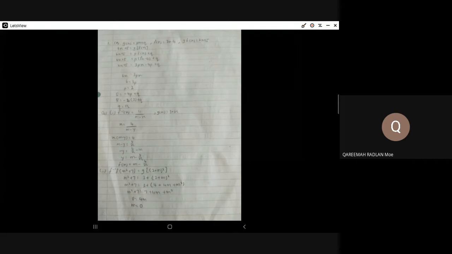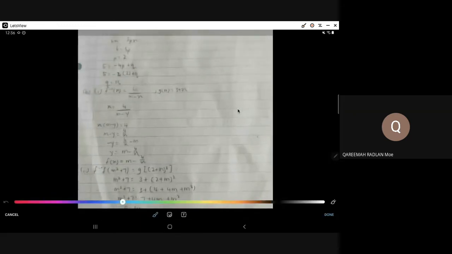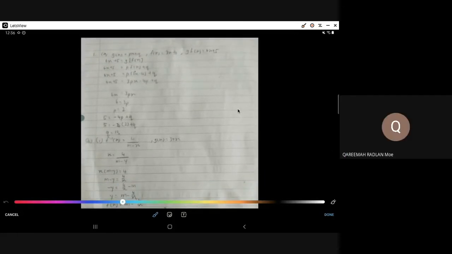So first, they want to find the value of P and the value of Q. They already give function GF, and they give another function G and function F. So you have to make another function GF so you can compare.